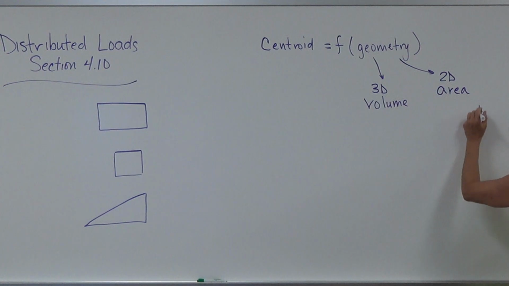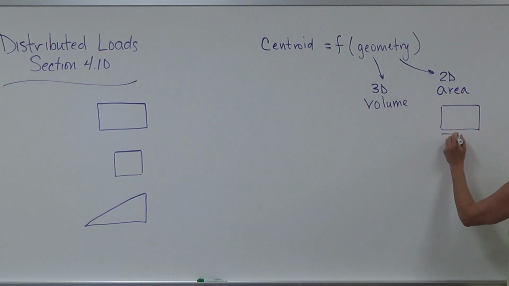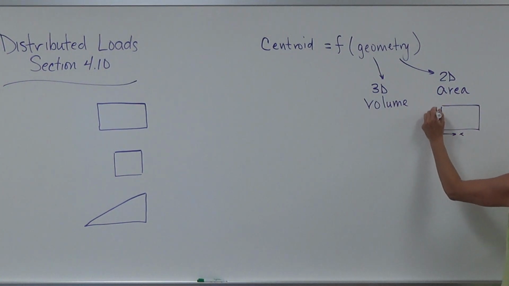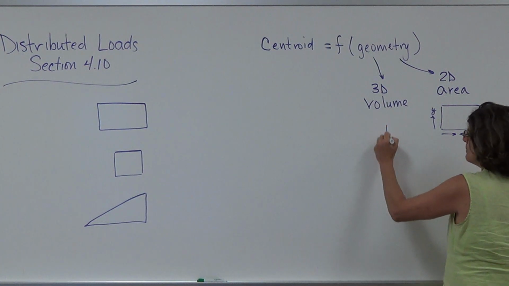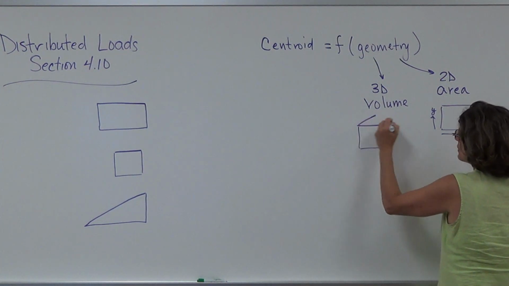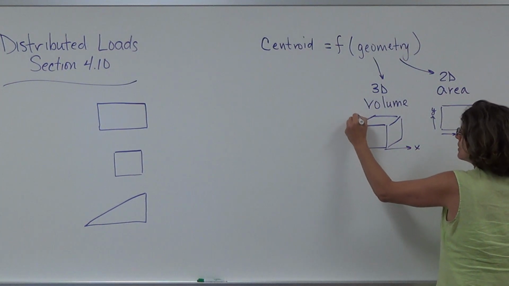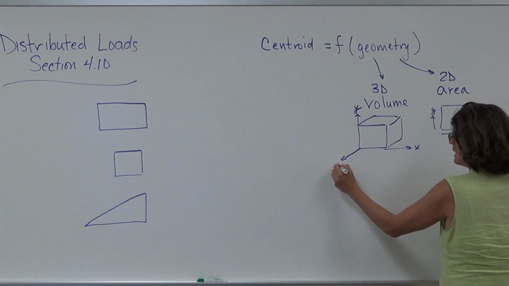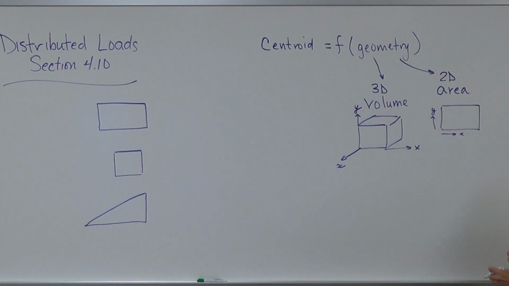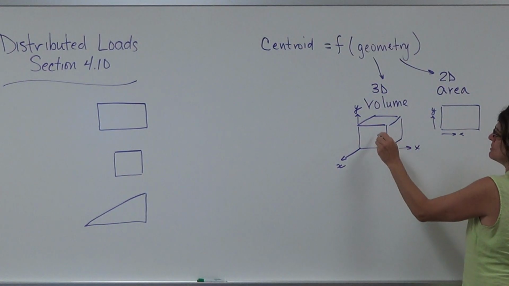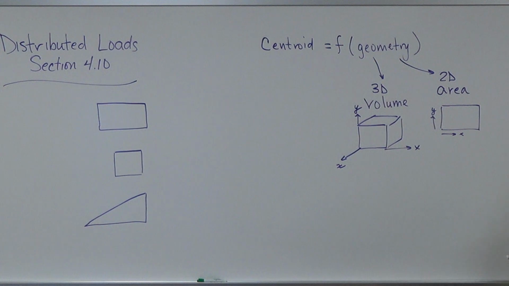So if we're looking at a 2D object, we have an X and we have a Y. This is two-dimensional. But if I'm dealing with a three-dimensional body, I'm dealing with an X, a Y, and a Z.